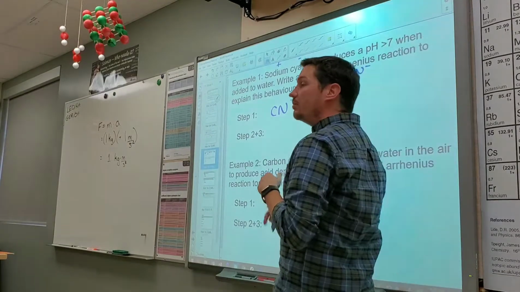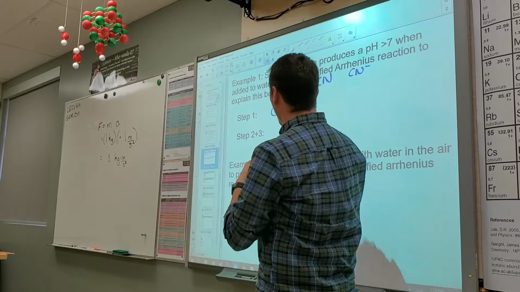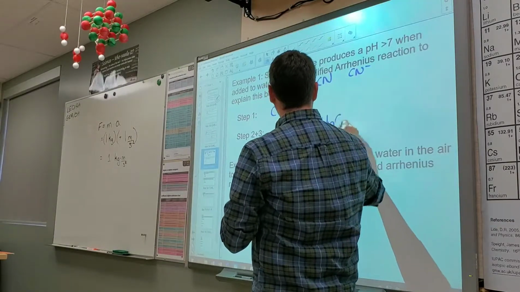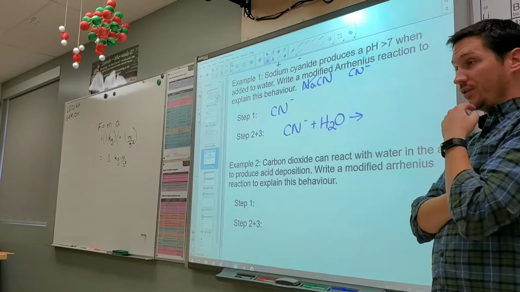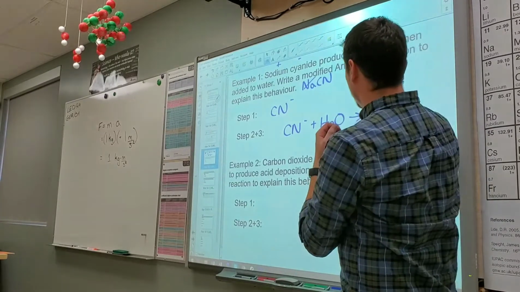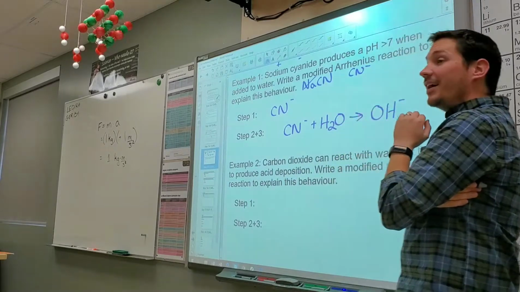Step 2 and 3 means write this thing in a reaction with water. So CN minus plus H2O. What do we know for sure this is going to give us? Okay.